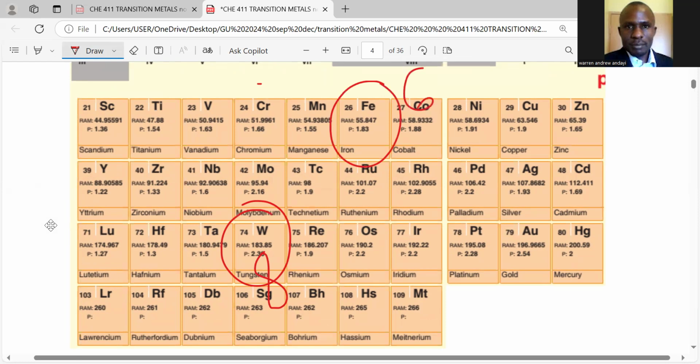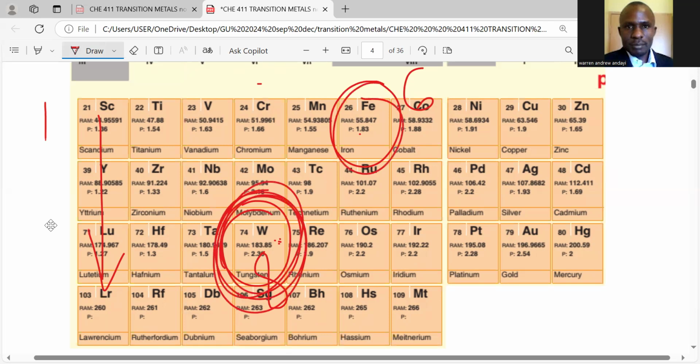Iron has only 6. You can see these are periods, going down. Ordinarily you expect tungsten, W, to be a bigger atom than iron. You see this is a period here, another period, another period. So as you go down, the periods are increasing by 1, by 1, by 1.